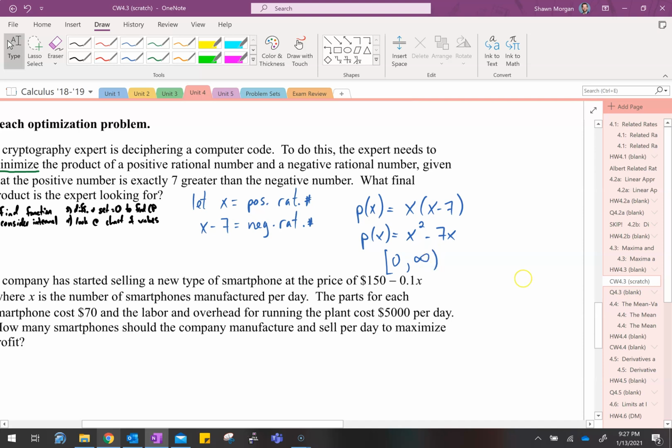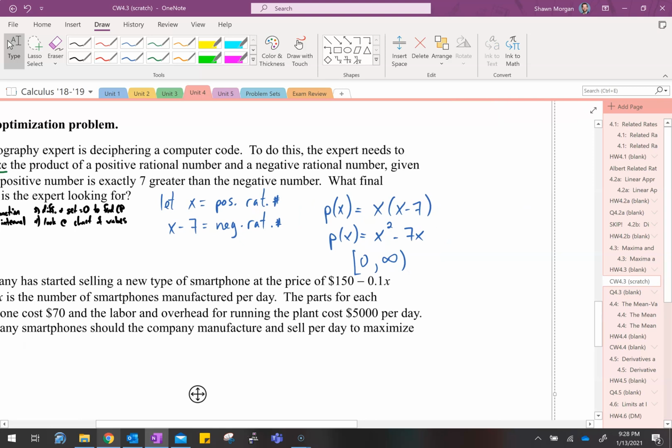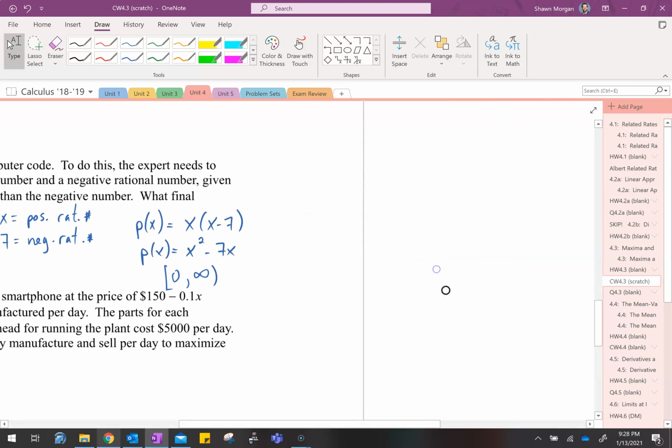Then when we differentiate, that's an easy enough process using our power rule: p prime equals 2x minus 7. Setting that equal to 0 and solving to find our critical points, 2x minus 7 equals 0, so x equals 7 halves.